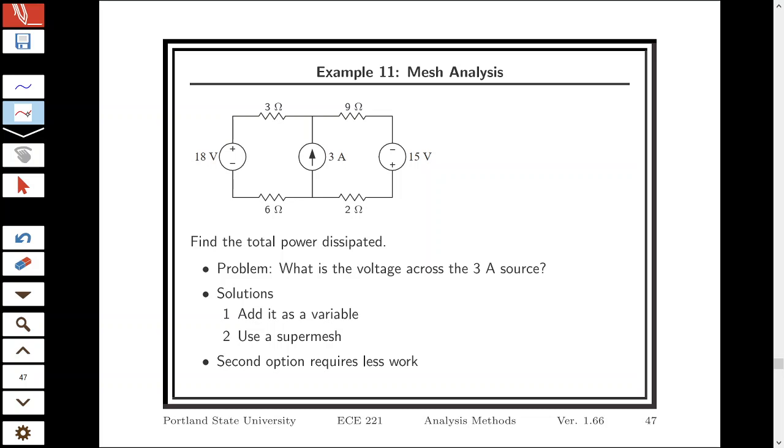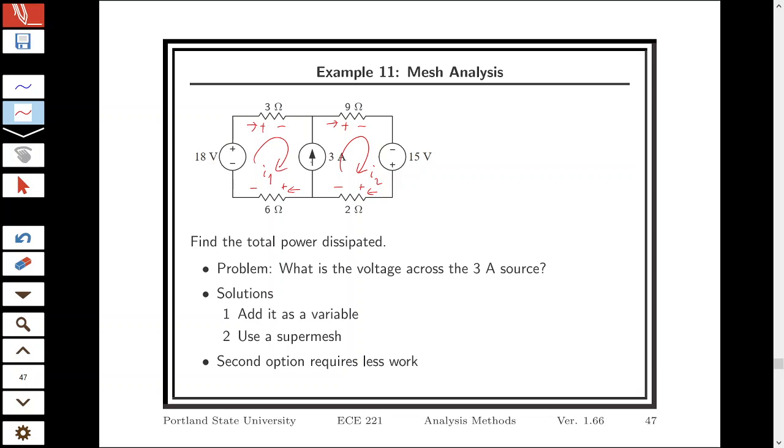Now let us discuss example 11, and let's apply mesh analysis here in this circuit. Let's identify the two meshes here and assign mesh currents I1, I2, and then assign currents and voltages on the resistors.